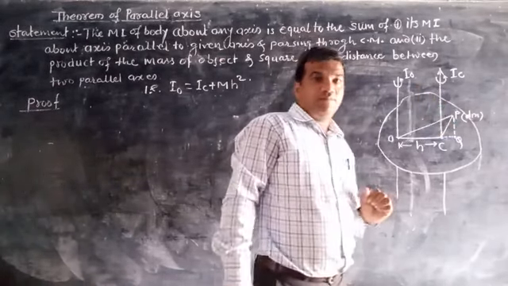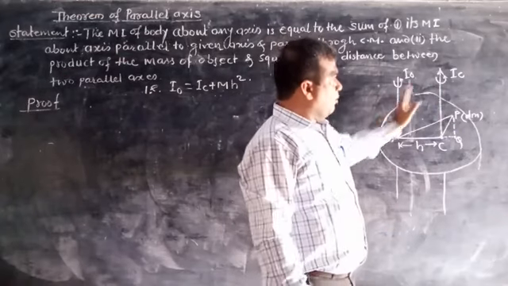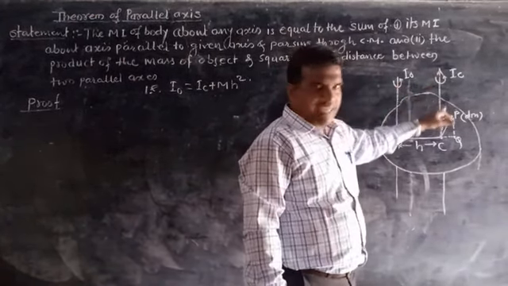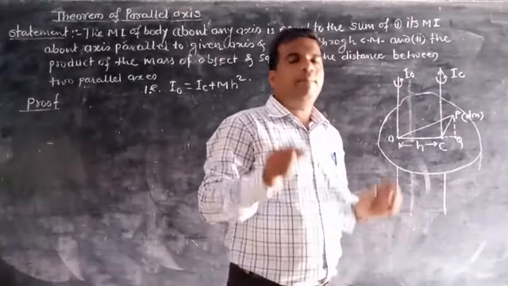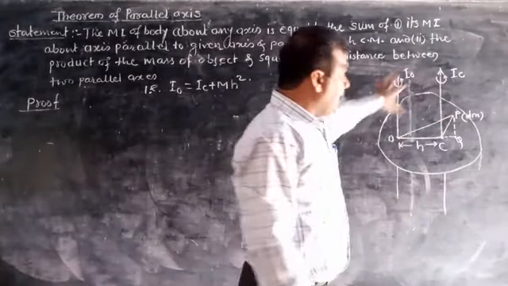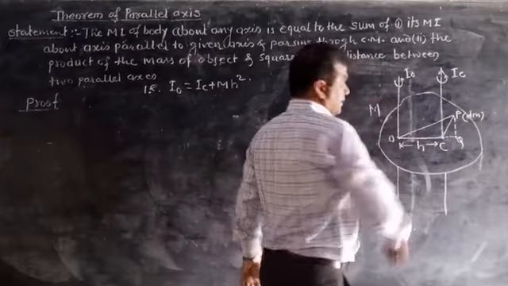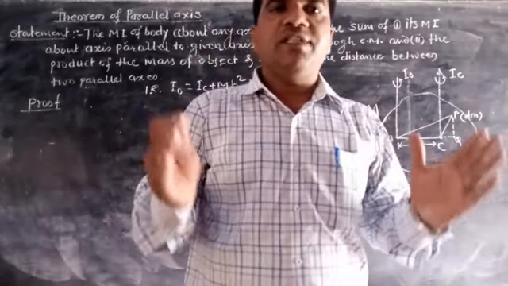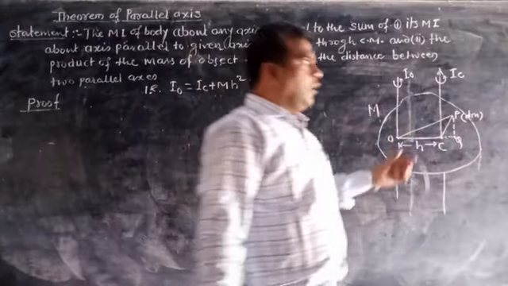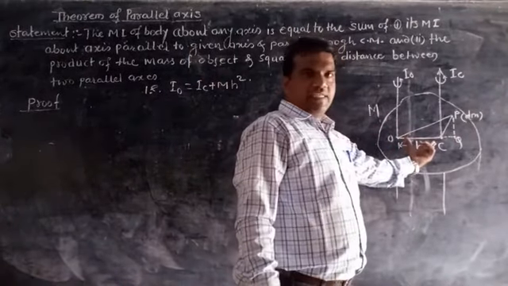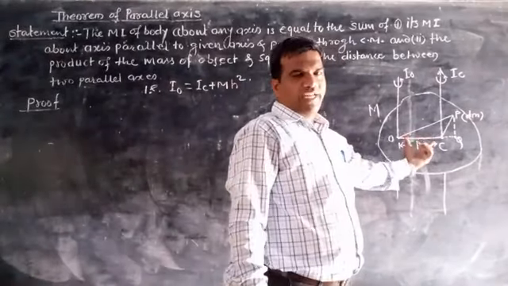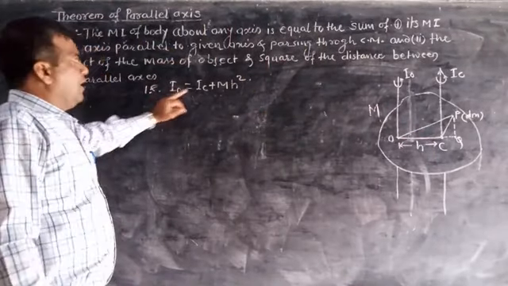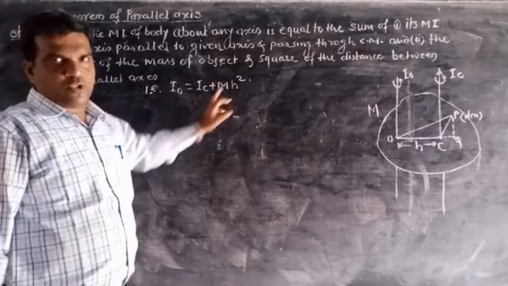So the sum of the moment of inertia of the body about the parallel axis, which is IC, and the product of the mass of the body, capital M, and the square of the distance between the two parallel axes. What is the distance between the two parallel axes? It is h, and its square is h square. So IO is equal to IC plus Mh square.